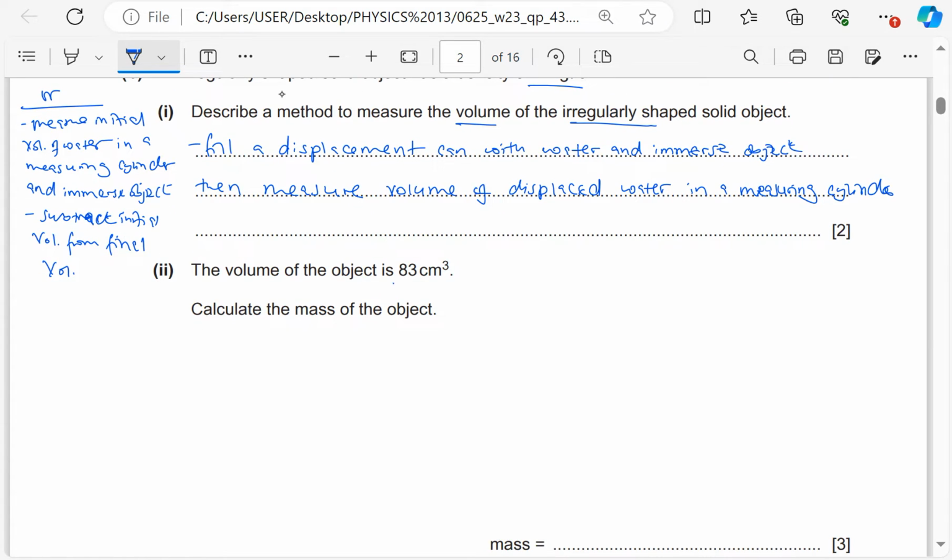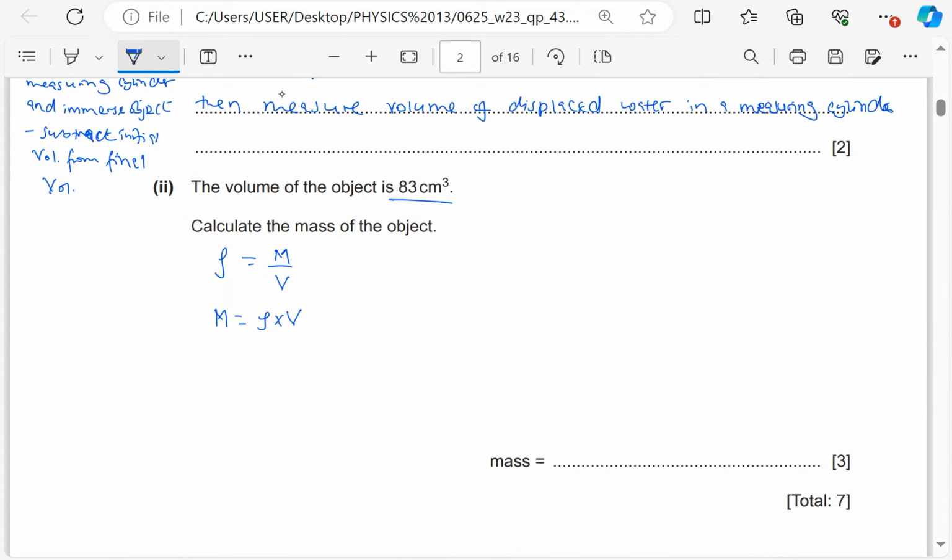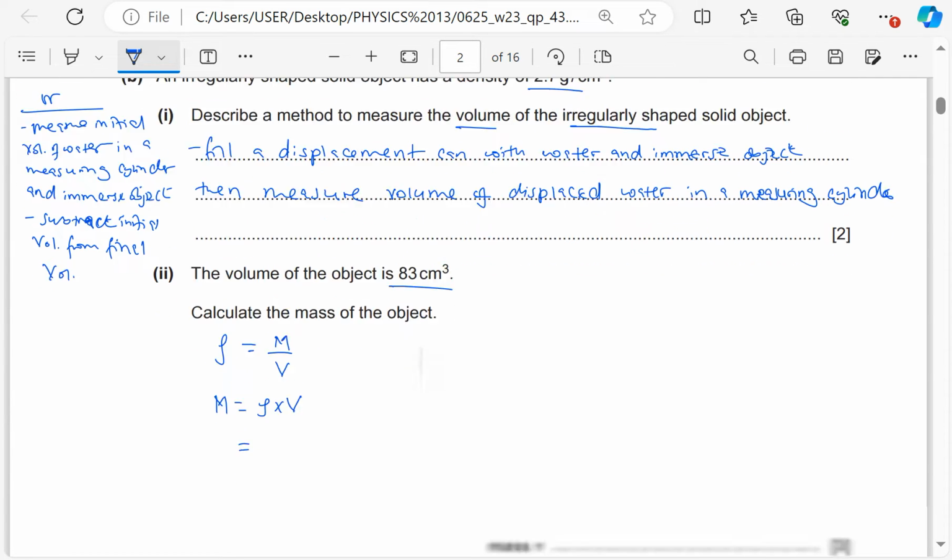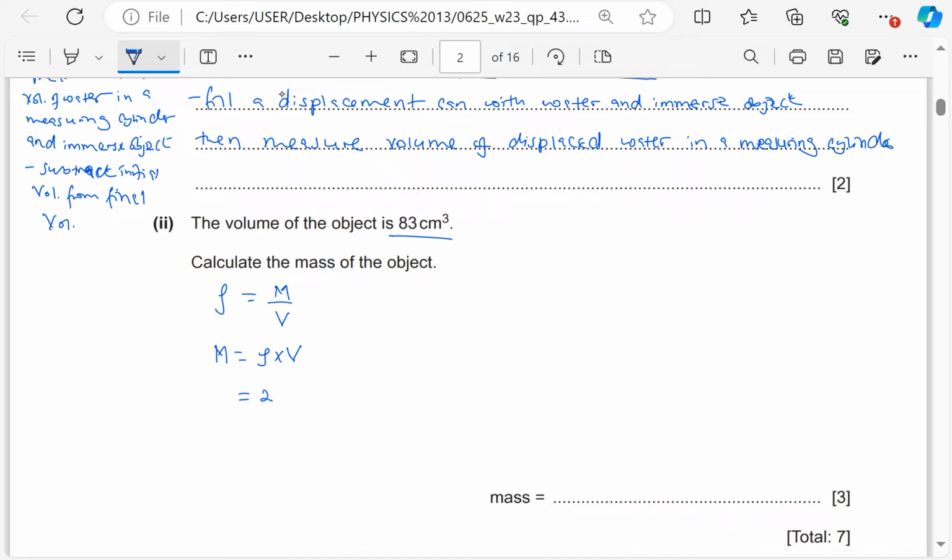The volume of the object is 83 centimeters cubed. Calculate the mass of the object. Of course, we know that density is mass divided by volume, which means the mass is the density multiplied by the volume. The density is 2.7 grams per centimeters cubed.